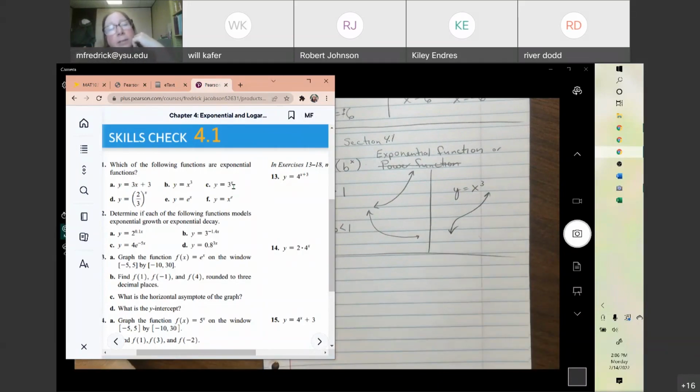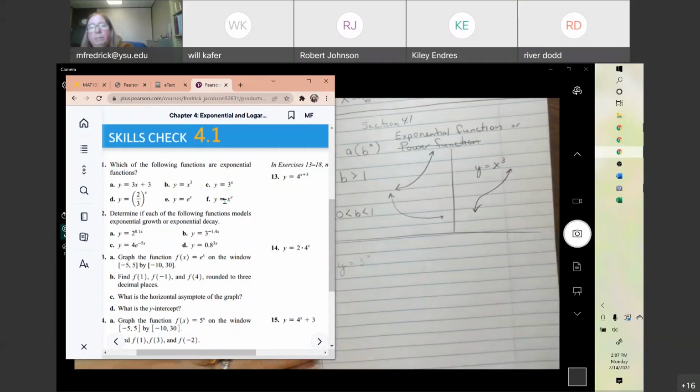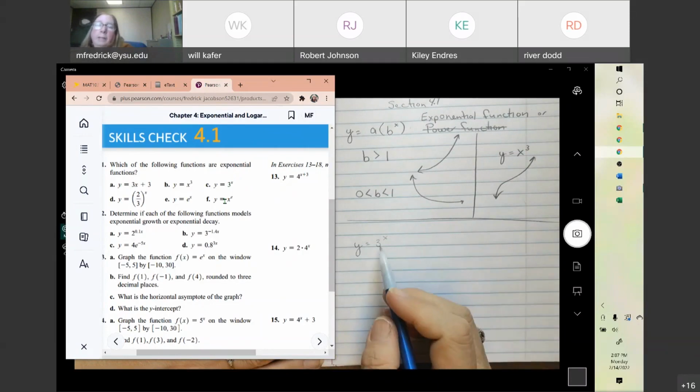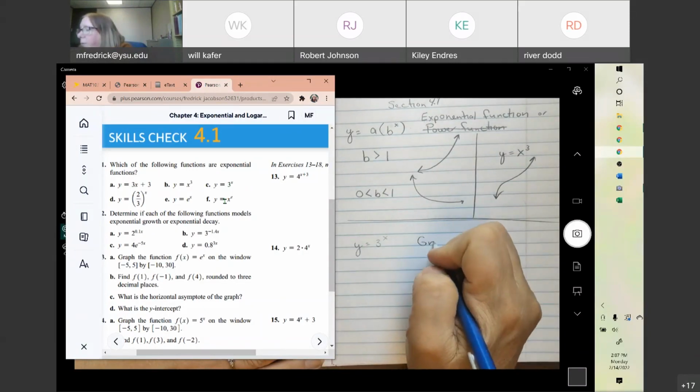C, notice in C, x is in the exponent, so it's an exponential function. And because 3 is greater than 1, it's a growth.